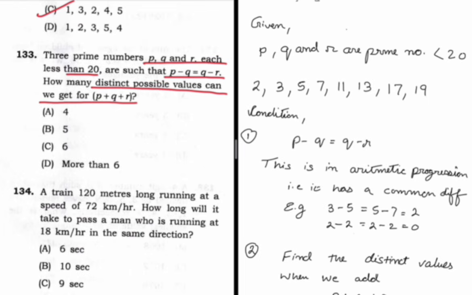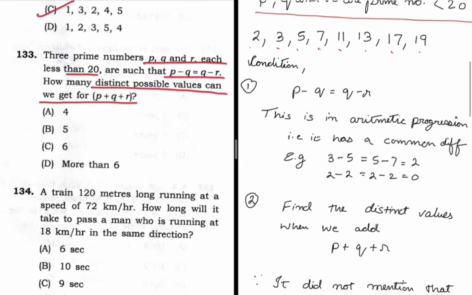From the question, it is given that P, Q and R are prime numbers less than 20. So let's list out the prime numbers less than 20, that is 2, 3, 5, 7, 11, 13, 17 and 19.